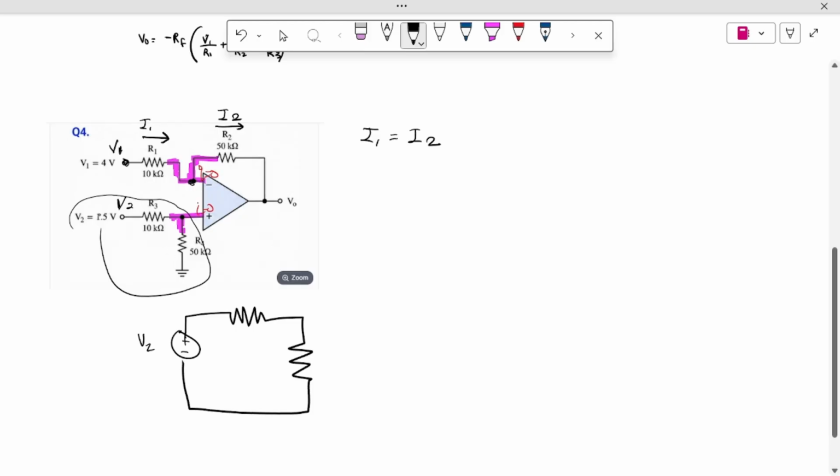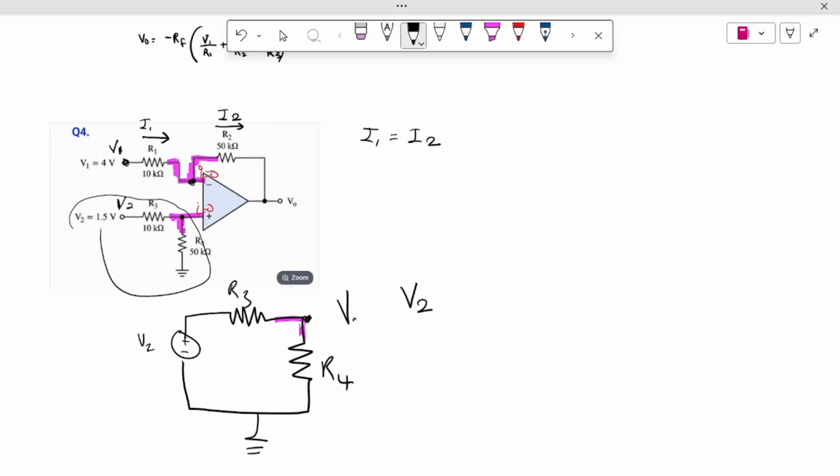And this is ground, and over here is also grounded. R3, R4, and we just want to find the potential across this node between R3 and R4, which is a simple voltage divider of V2.